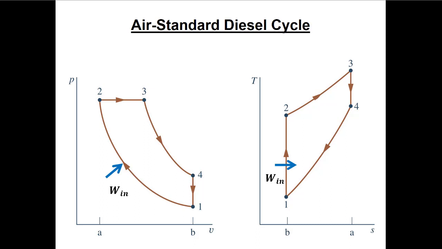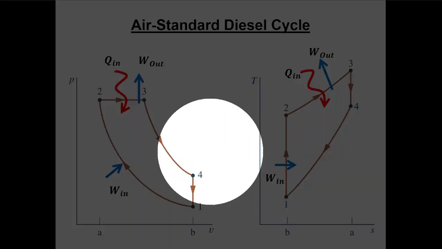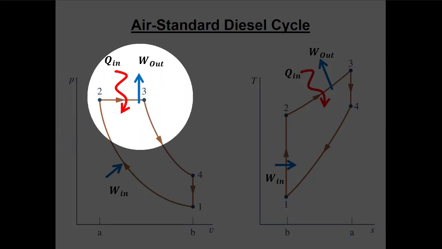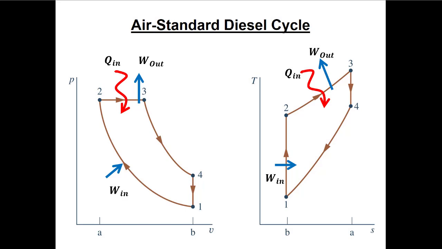We'll still have power going in during our compression stroke from 1 to 2. But when we add heat, we'll notice we're not just adding heat here. Instead, because this happens at constant pressure, we have a horizontal line. So if I take the integral of PdV as I move from state 2 to state 3, I'll notice that as I'm adding heat, I'm getting some work out.